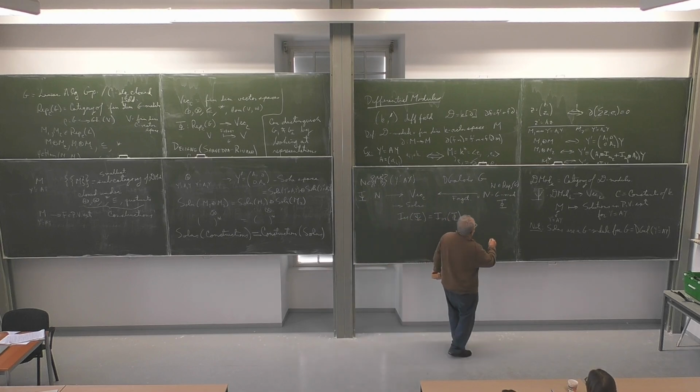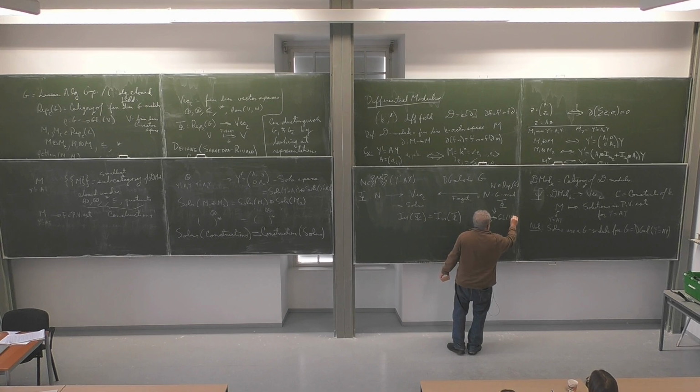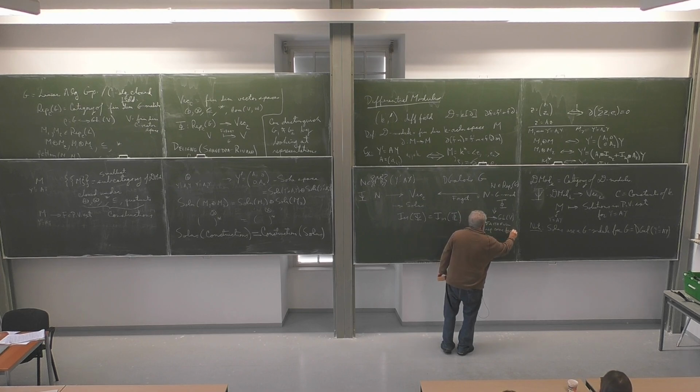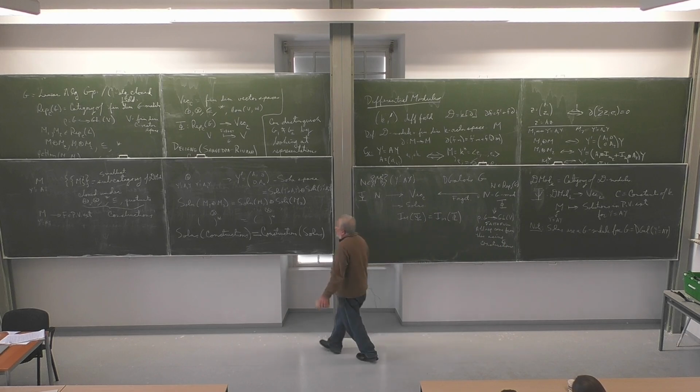So the thing I didn't mention was this can be gotten by taking, if I have a faithful representation, this is faithful, all representations come from this using constructions. Let me give a moral.